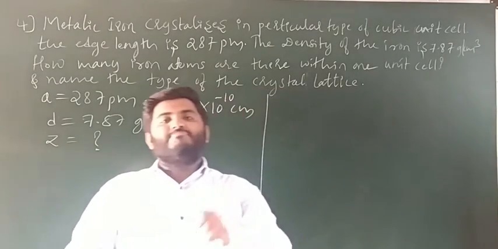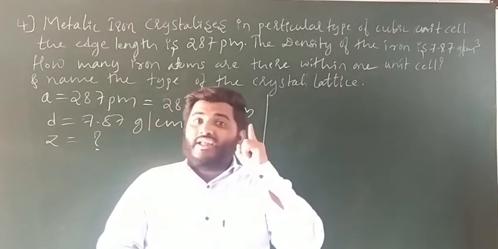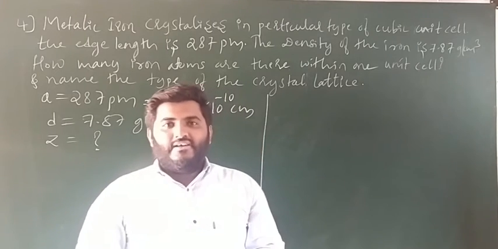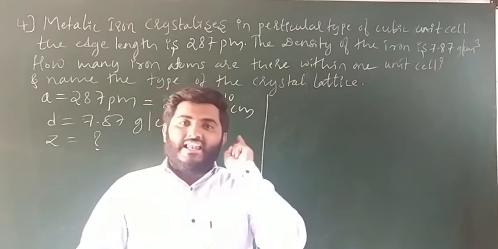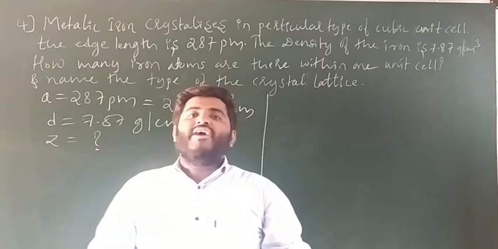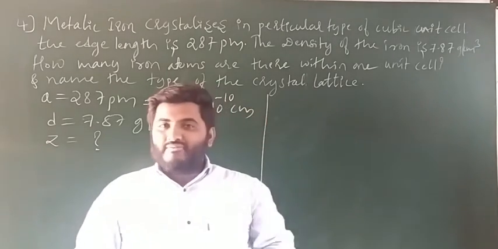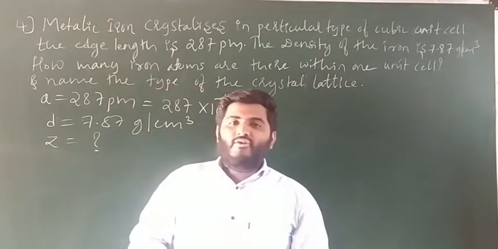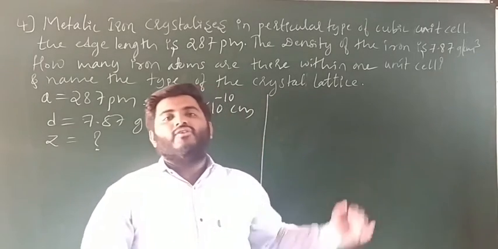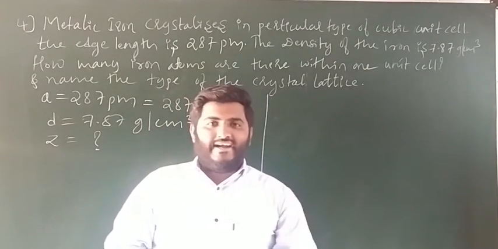You know, for a simple cubic unit cell, only Z is equal to 1. One atom is present. And for a body-centered cubic unit cell, 2 atoms are present. And for a face-centered cubic unit cell, 4 atoms are present. So depending upon that, we have to calculate which unit cell is there.